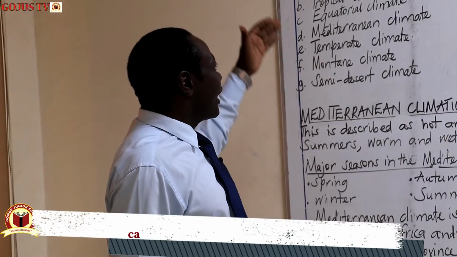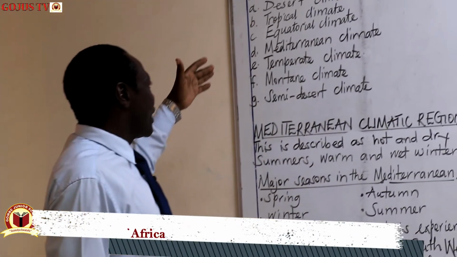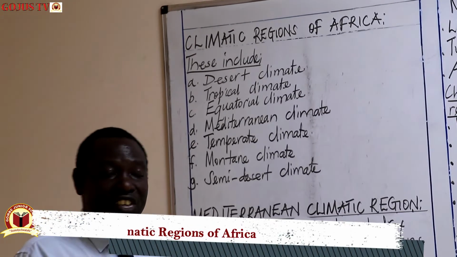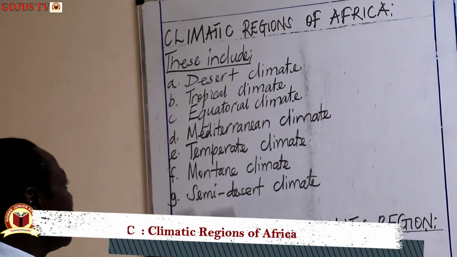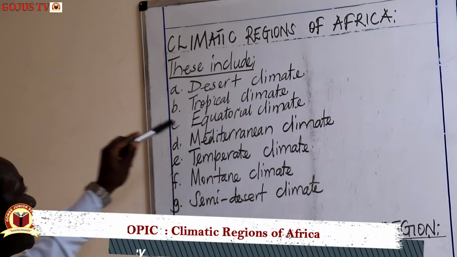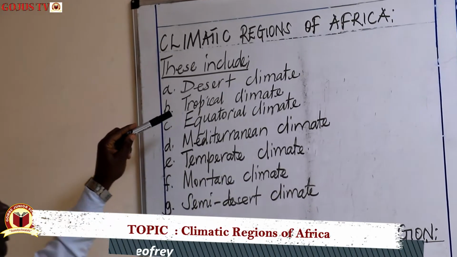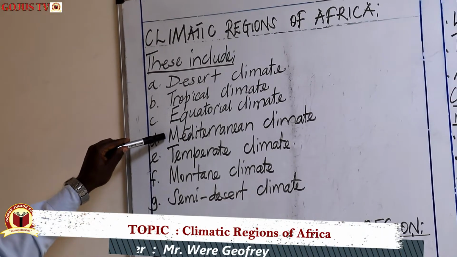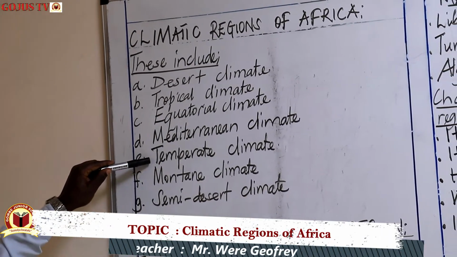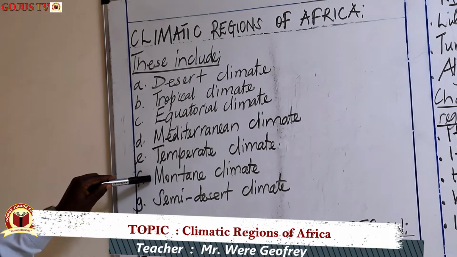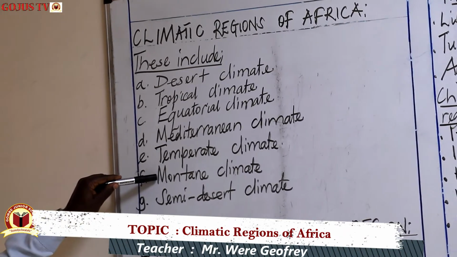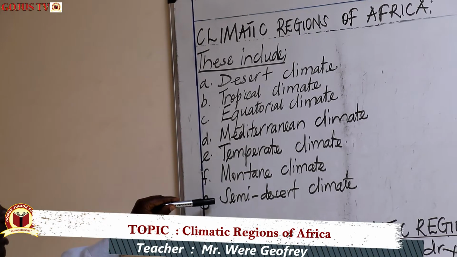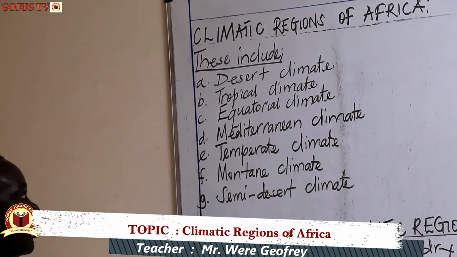Today we're going to look at the climatic regions of Africa. We have 7 different climatic regions in Africa, and these include desert climate, tropical climate, equatorial climate, Mediterranean climate, temperate climate, and mountain climate, and the same desert climate.